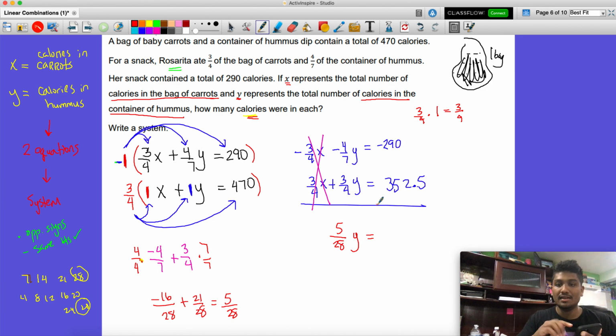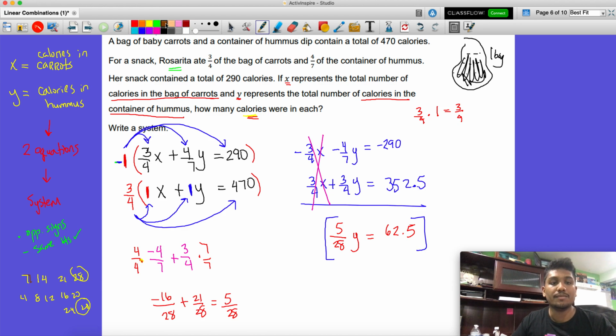Okay, let's see, -290 plus 352.5 is 62.5. All right. Wow. Sucks, right? Now, if you have a calculator at home, this is much easier. But if you don't, it is what it is. We just got to do it the old-fashioned way. The way that we get rid of a fraction is that you can divide by a fraction, or you can multiply by the reciprocal.